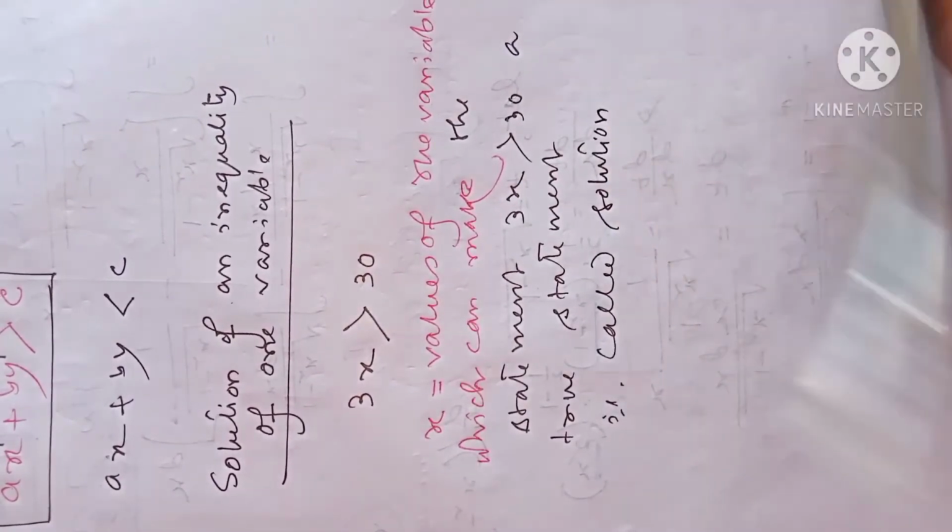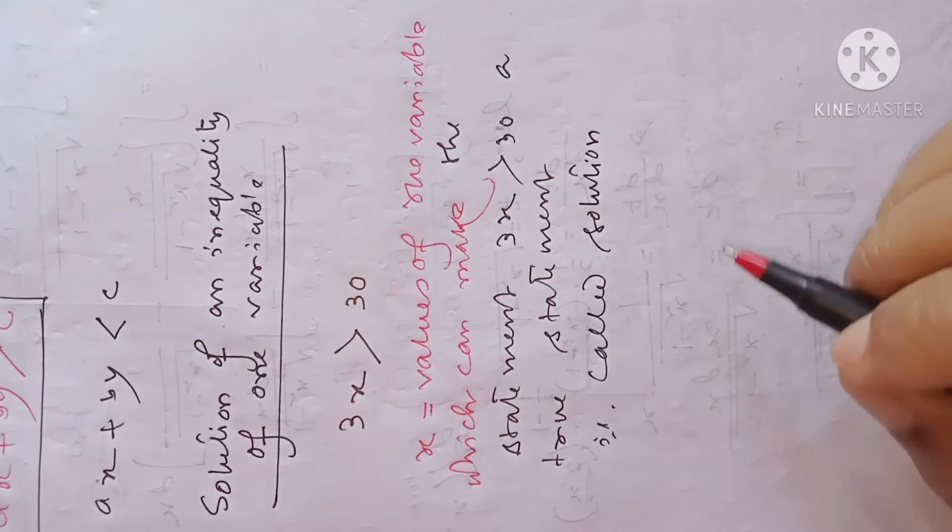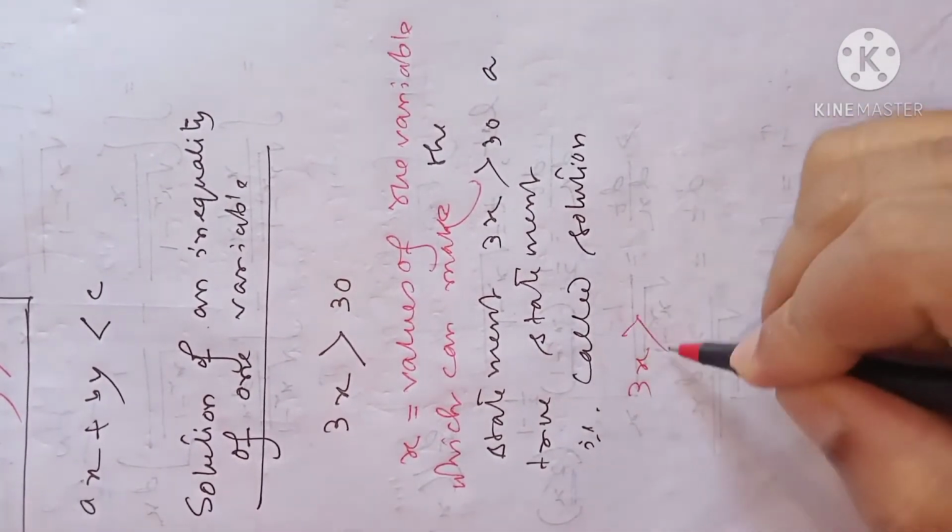Now for an inequality there can be many solutions, like say 3x greater than 30.